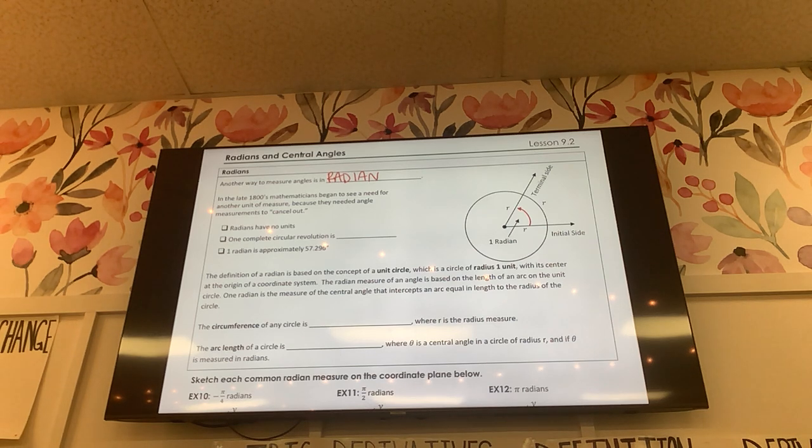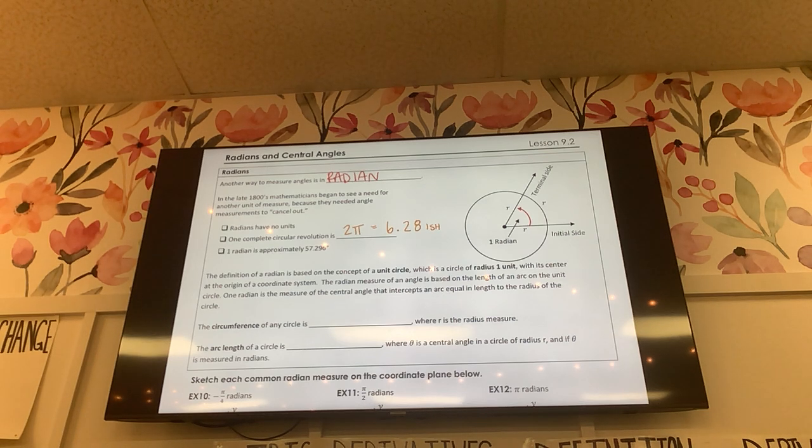There are no units. One complete circular revolution is 2 pi radians, which we saw on that little exploration we did yesterday, about 6.28-ish.